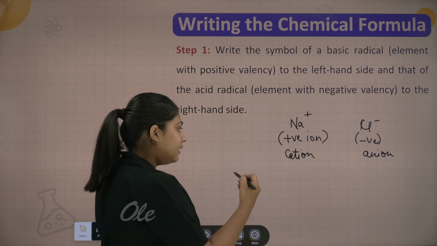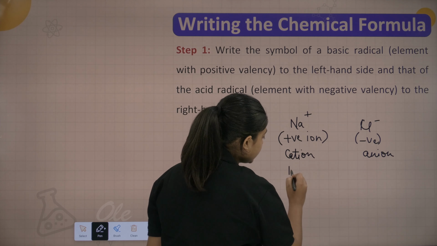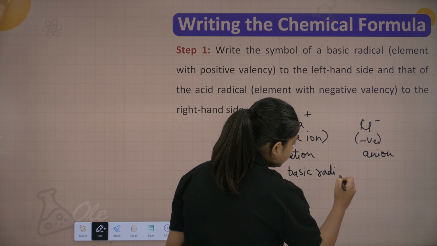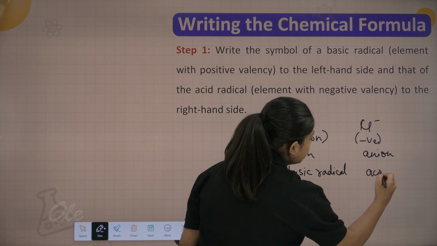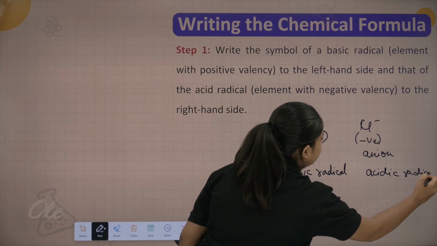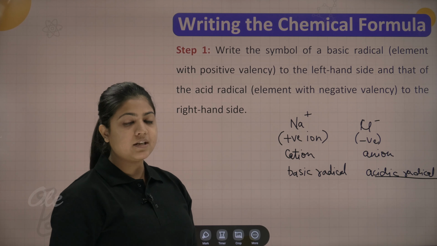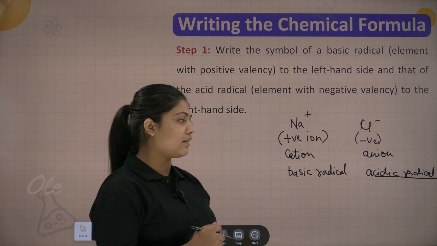Got my point? Next, this positive ion is also known as basic radical, and this negative ion will be known as acidic radical. So, this you need to remember.